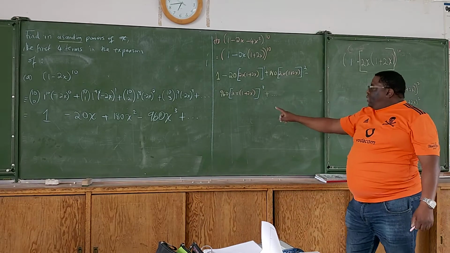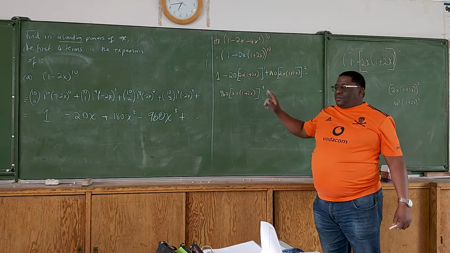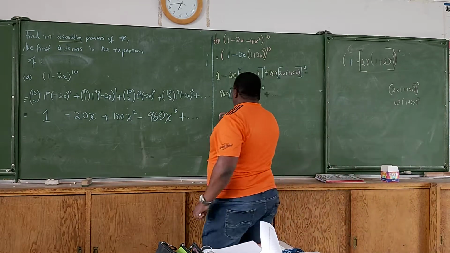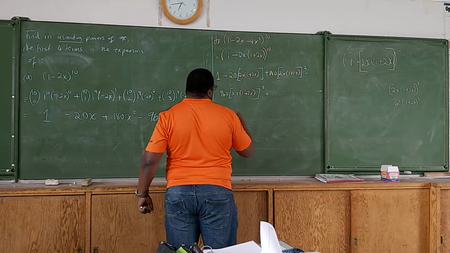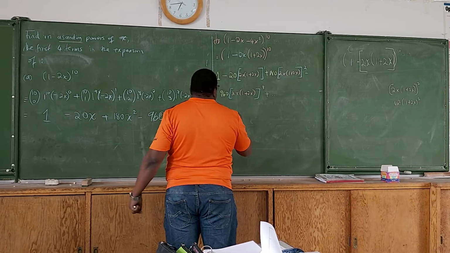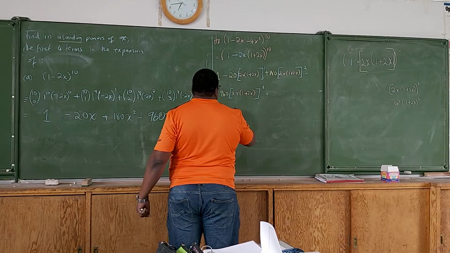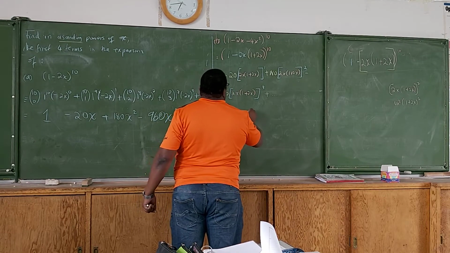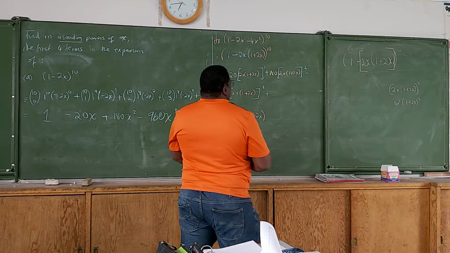Pascal. This, Pascal. Alright? So that one is going to be 1. Of course you don't need Pascal, I'm just saying Pascal. So 20 times 2 gives you 40x, 1 plus 2x. That takes care of that.